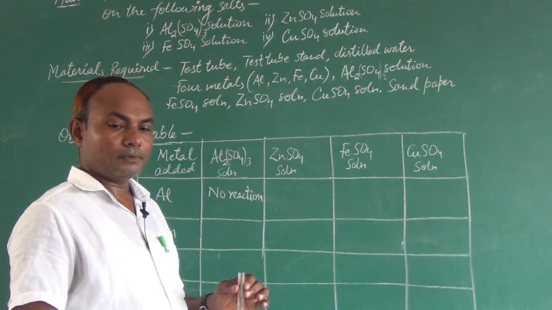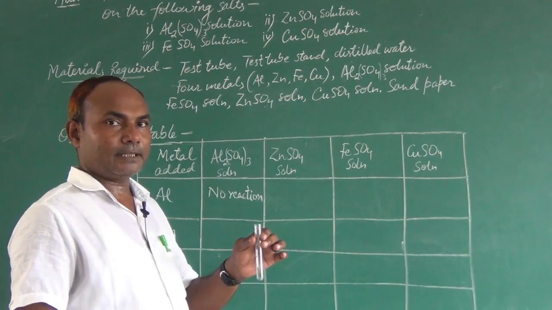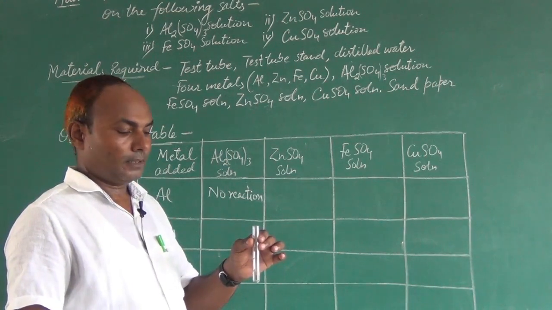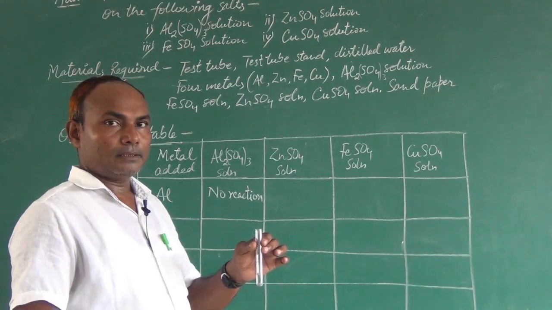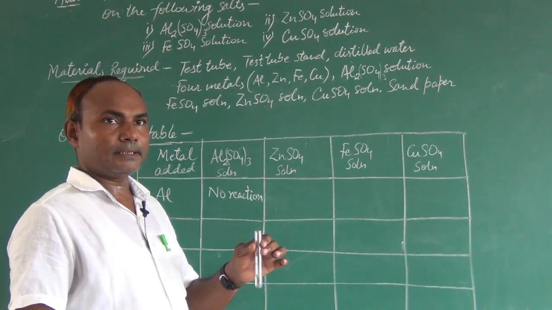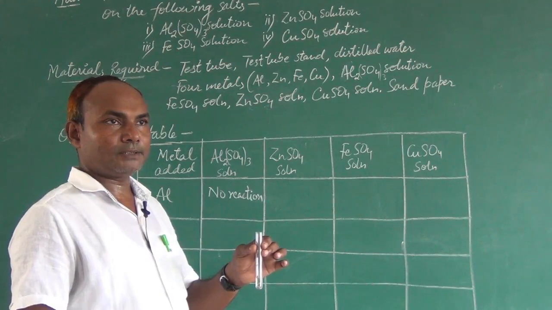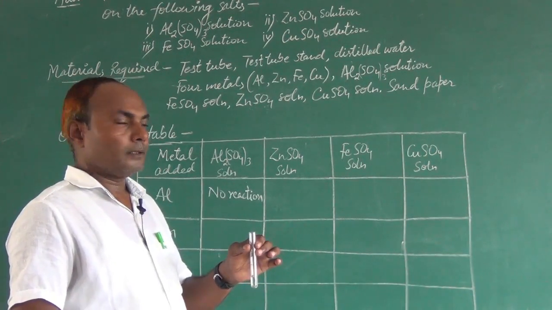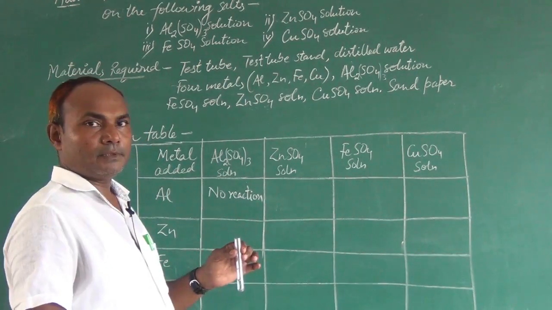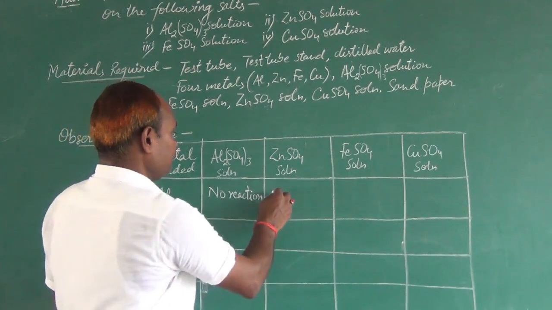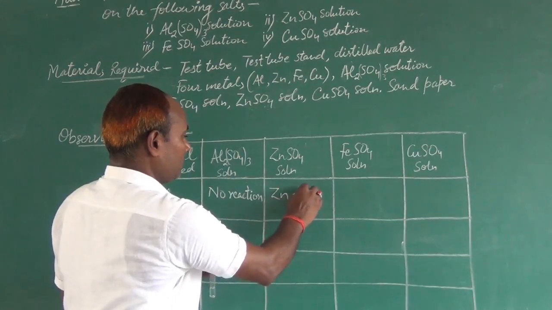In the second test tube we have taken zinc sulfate solution and aluminum metal is added in it, and you have observed that the color of the salt solution is changed, which tells us that the reaction takes place between aluminum and zinc sulfate solution, means aluminum displaces zinc from zinc sulfate solution. Zinc displaced.